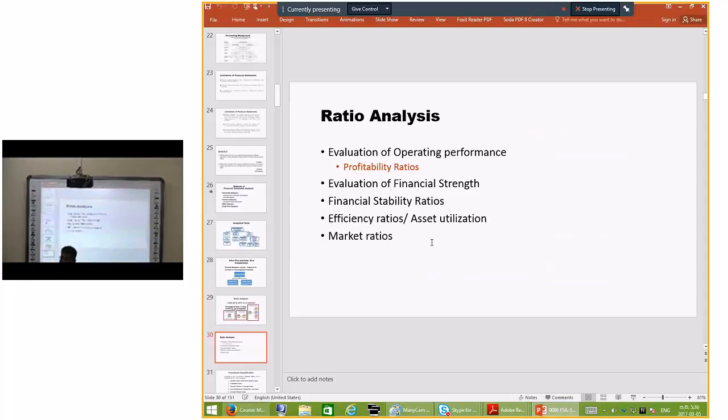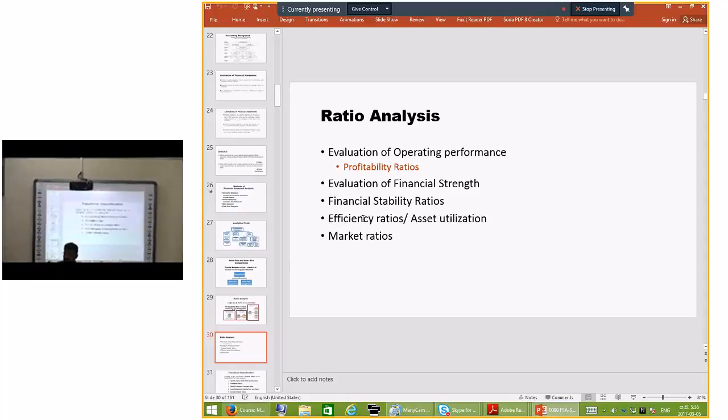Then if you move to the ratio analysis, there are a number of ratios and a number of categorizations, but generally we are accepting this analysis. Profitability ratios, liquidity ratios, then financial stability or the leverage ratios, the activity ratios or the turnover ratios, and market ratios or the investors ratios.